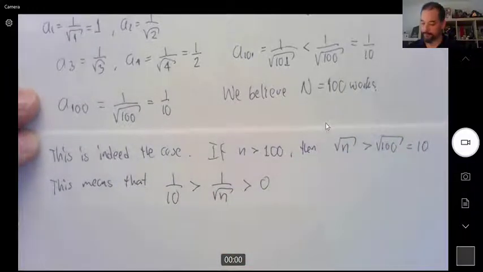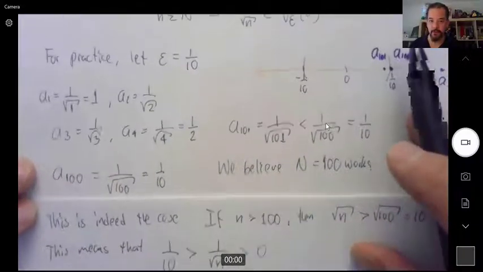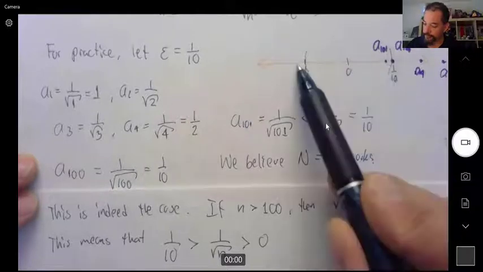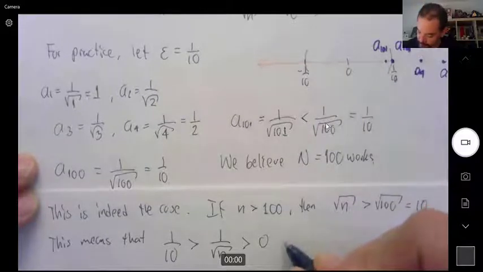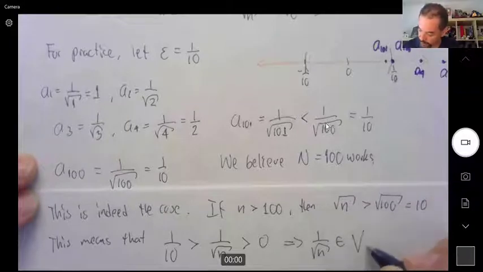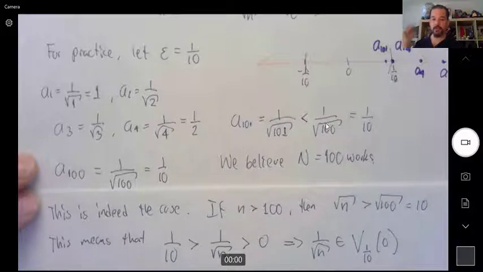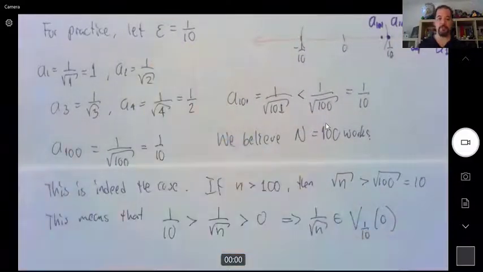So if I go back to my picture, it will be for sure between 0 and 1/10, inside this epsilon neighborhood. So 1 over root n belongs to the 1/10 neighborhood around 0, and it happens for all the numbers bigger than 100. So we won this game when epsilon is 1/10.